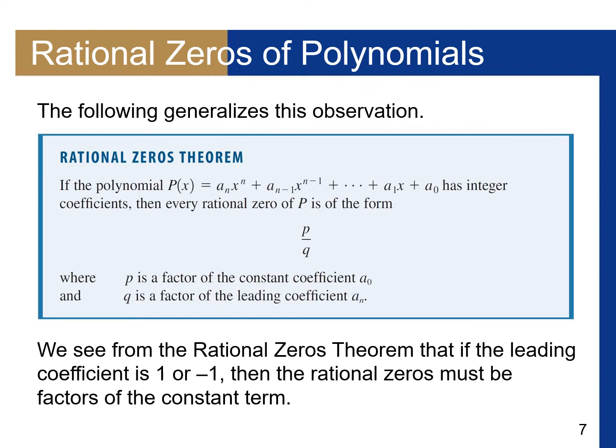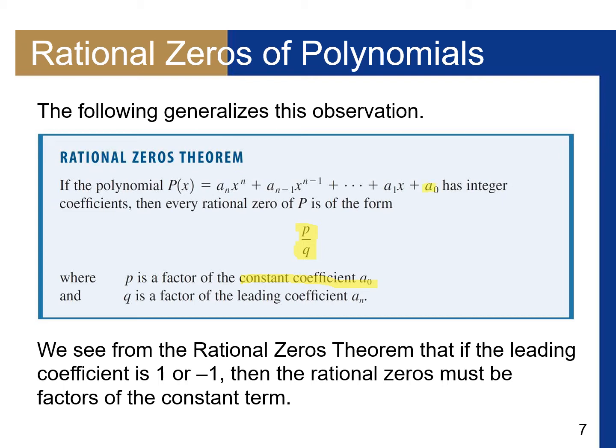Now, we're going to take a look at all the rational possibilities that could be zeros of a polynomial. And how to do that is I'm going to take P, which is the factor of the constant coefficient, A0.